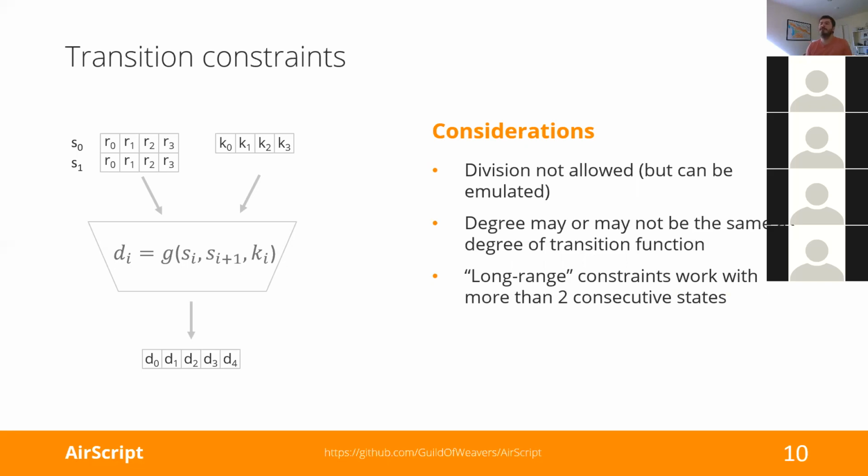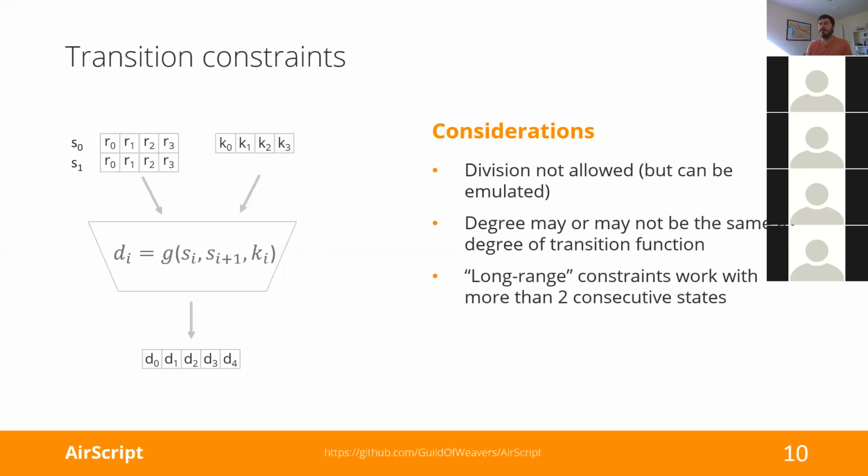The degree of the transition function, versus the transition constraints. The degree of the transition constraints does not have to be the same as the degree of the transition function. So to bring up the example of Rescue again, the transition function has an extremely high degree because they're raising registers to a very high power. But because they're splitting the constraints into two separate functions, and they're able to do the inverse of the original raising to a power, the degree of the constraints is much, much smaller.